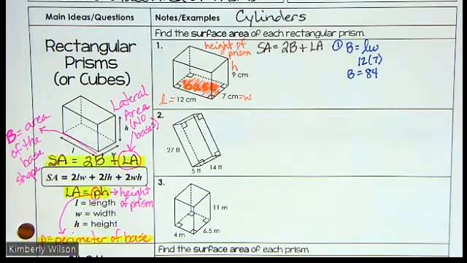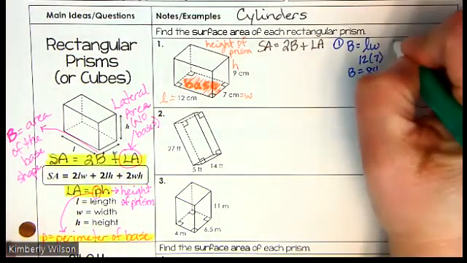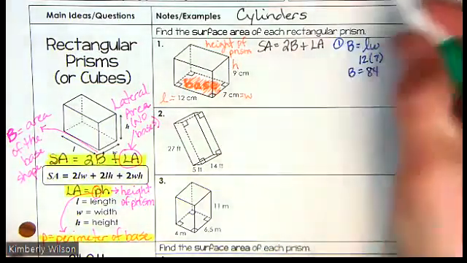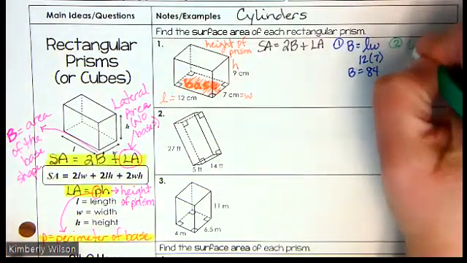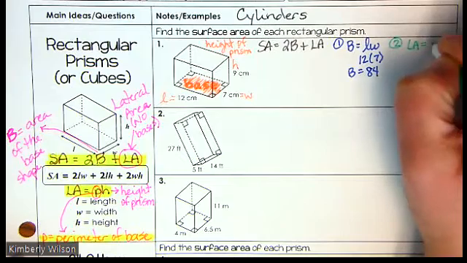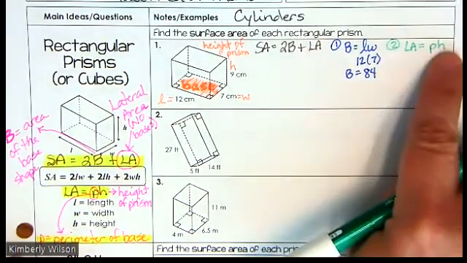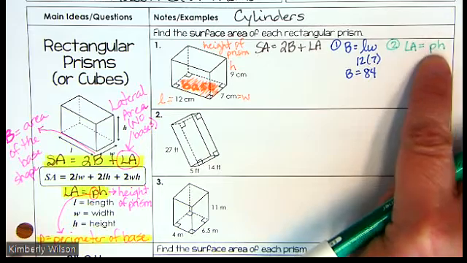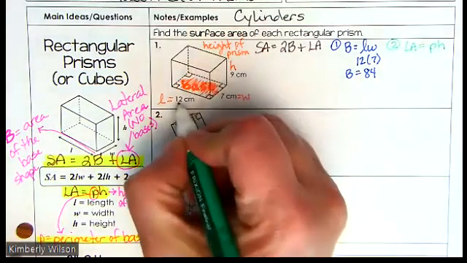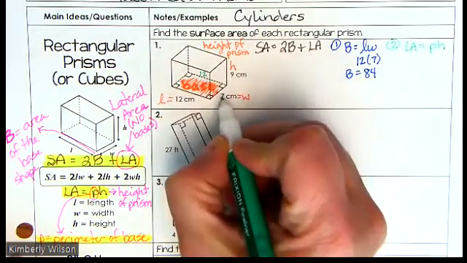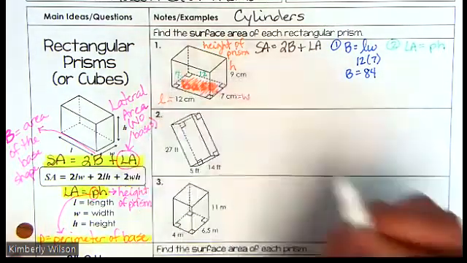Next part is where we get a little bit more. We have the lateral area. Remember that the lateral area is found by doing the perimeter times the height. This is the height of the prism. The P is the perimeter of the base. But what I've got to remember is if it's 12 over here, then it's 12 over here. If it's 7 here, then it's 7 here.